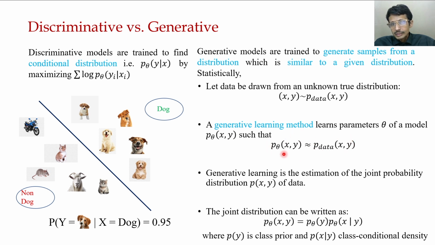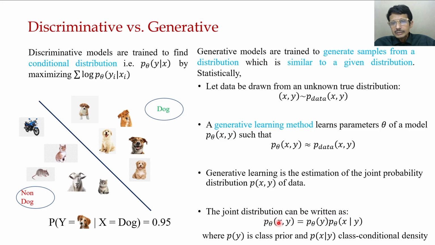And if you know this joint distribution, we can generate labels, we can generate data, we can generate unconditional samples. So generative learning is the estimation of the joint probability distribution P of x comma y of this data. We have to learn theta such that we can.